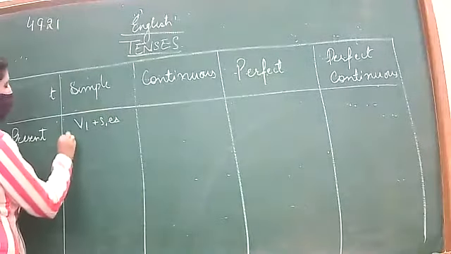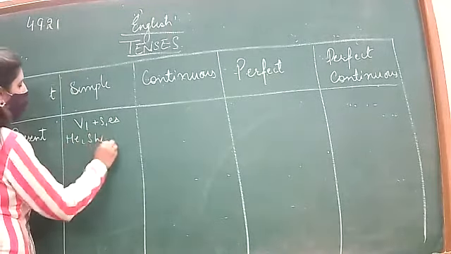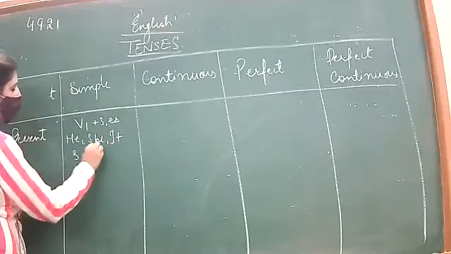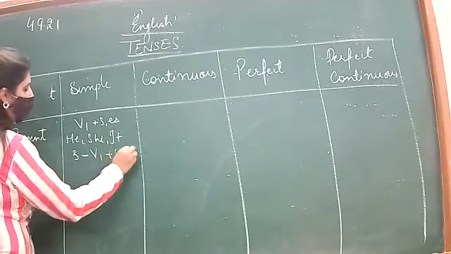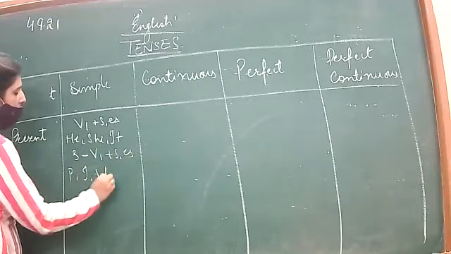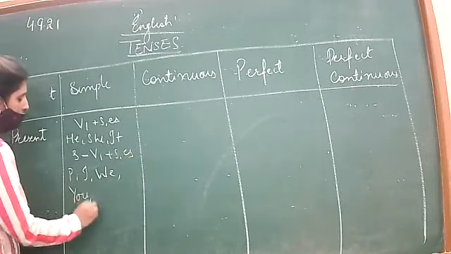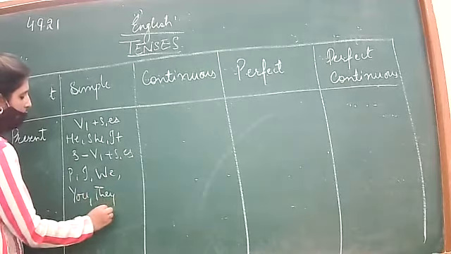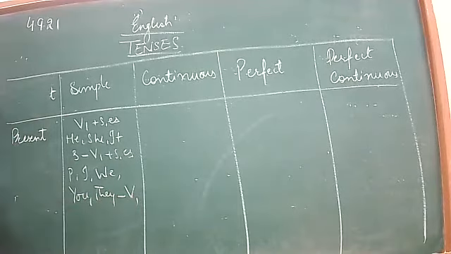With singular, he, she, it, we use first form plus s or es. And with I, we, you, and they, we use only the first form of the verb.